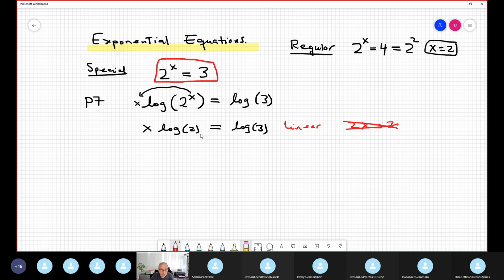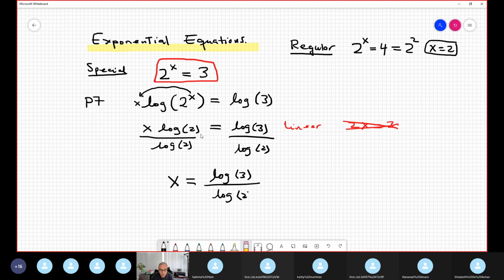So finally, you divide both sides by log of 2, like a linear equation solution, and x is equal to log of 3 divided by log of 2. And end of the story. We finish.